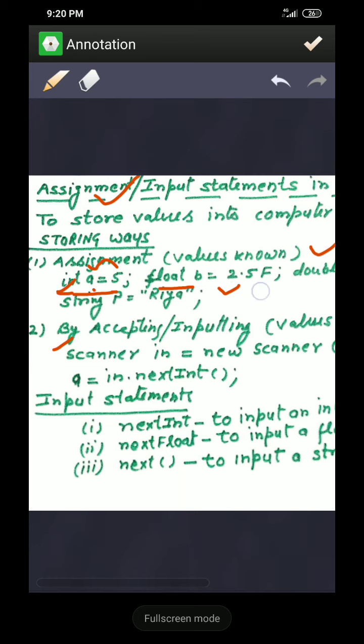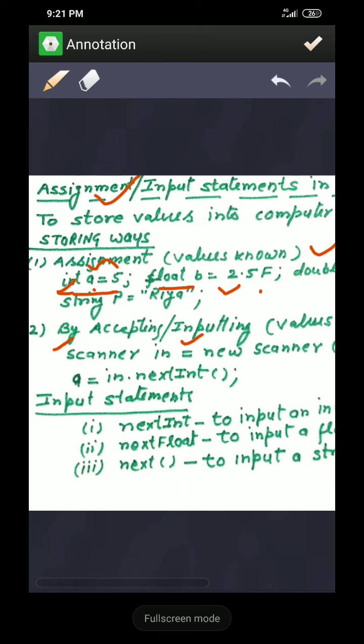In the first example the values are known. In the second one, known as accepting or inputting values, the values are unknown. The values will be asked from the user side, and if the user gives the values, then the addition will take place. So this is called the second method, accepting or inputting values.